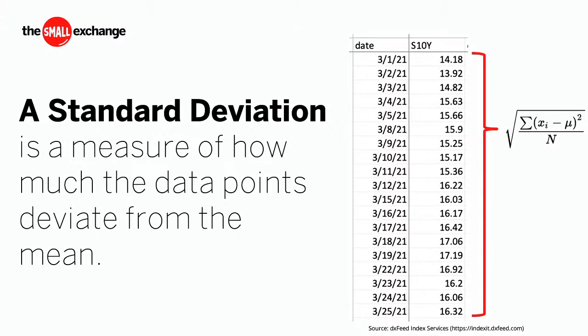You've got a square root, a sum, and a lot of different variables. Ooh, some Greek letters even thrown in there. Anyways, it's something you necessarily don't want to be calculating yourself, although if you have an Excel spreadsheet open with data in there, they do have a standard deviation function that makes it very easy.